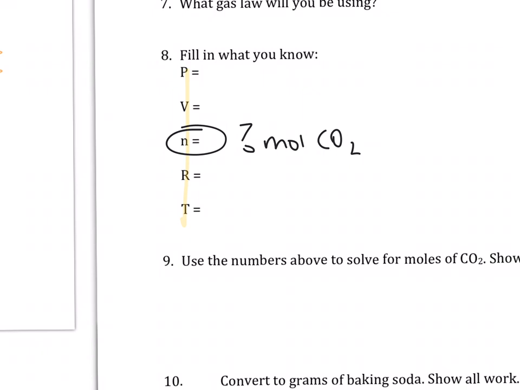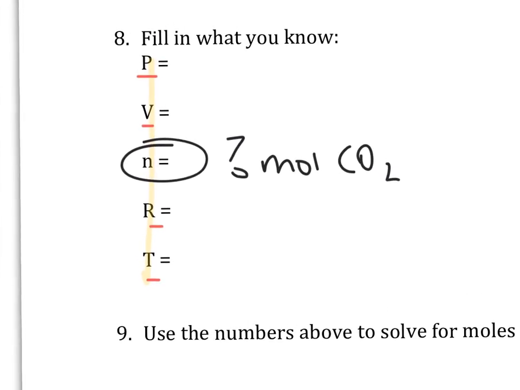So you're going to need then P, V, R, and T to figure this out. So both T and P, you are going to get these numbers from the outline. So there's another document on Canvas, the burning down the house outline, and that's where you're going to get those numbers from.